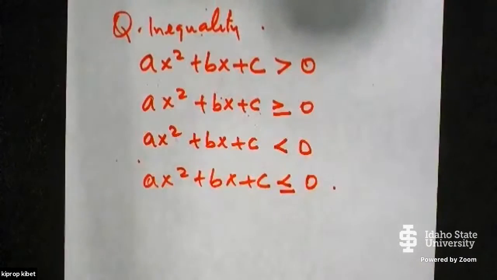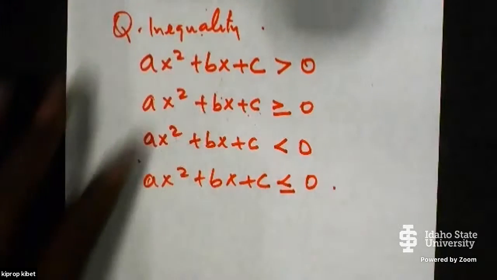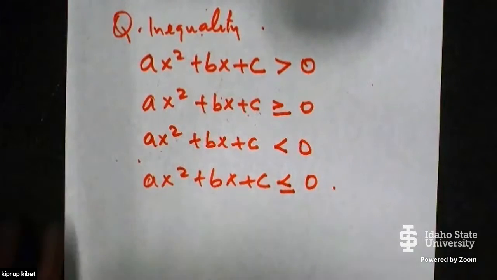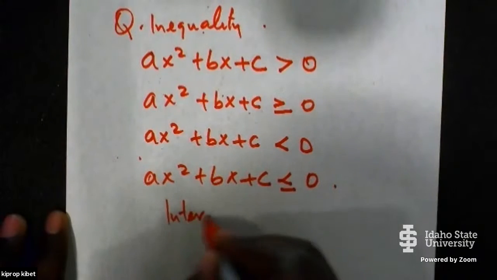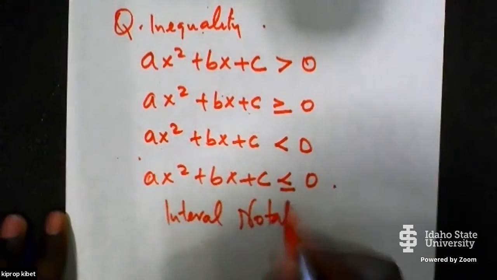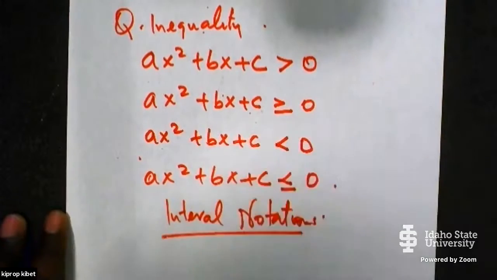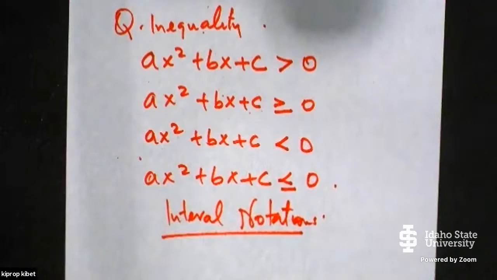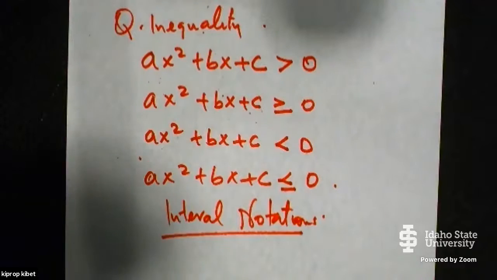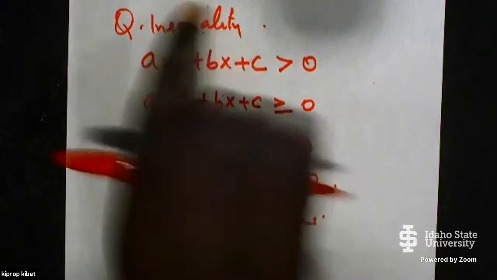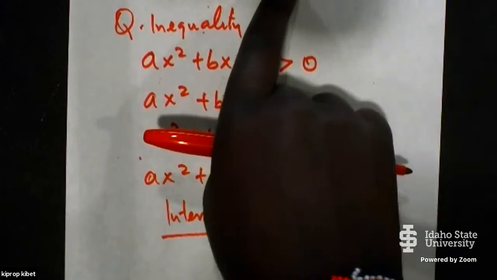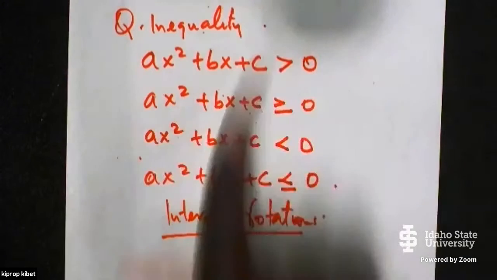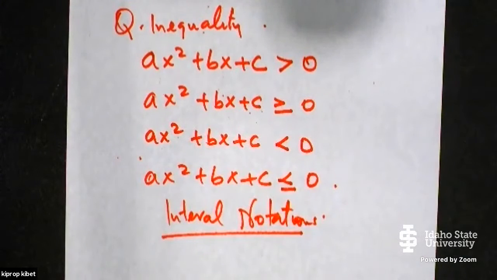So there are 2 ways of getting the interval notation here. You can draw the graph, or you can use what we did last time on how to get the interval notation of an inequality like this. Yeah? So what you do is you get the critical points. You remember the critical points?